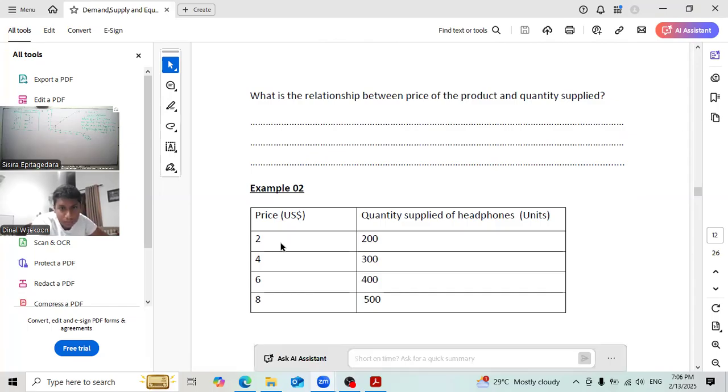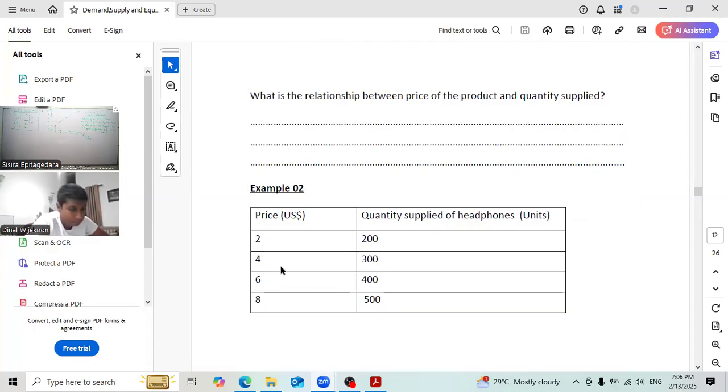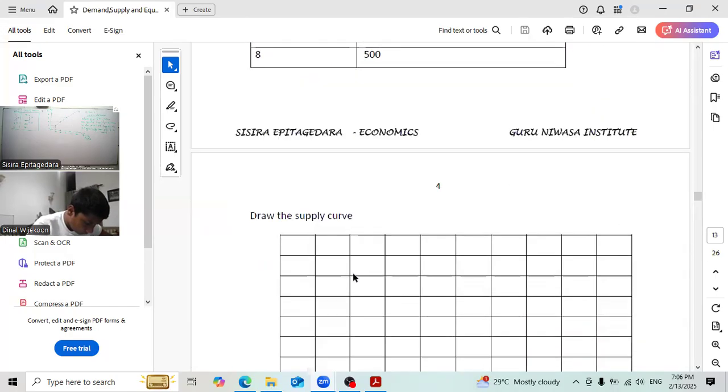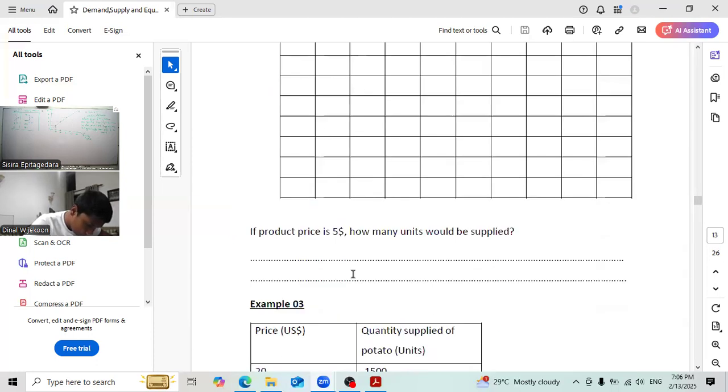You can see now, Dinal, price changes 2 by 2: 2, 4, 6, 8. Quantity supplied, how much the gap? 1 by 100. So you can mark quantity axis by 100: 0, 100, 200, 300, 400, 500. Price, you can mark it by 2 by 2. Then same two questions, I think. Draw the supply curve. And the second one: if price of the product is $5, how many units would be supplied?